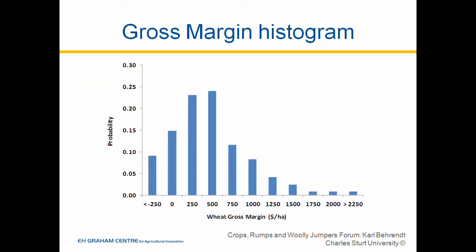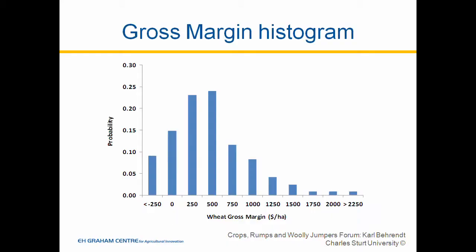If we look at the actual distribution of those gross margins, we come up with a histogram like that, and we can see that around that $250 per hectare mark, it's occurring 25% of the time. So this gives us an indicative risk profile for that particular enterprise.